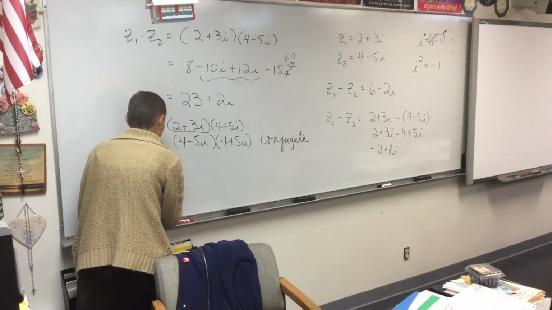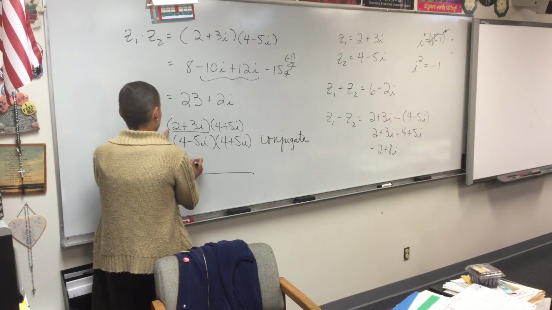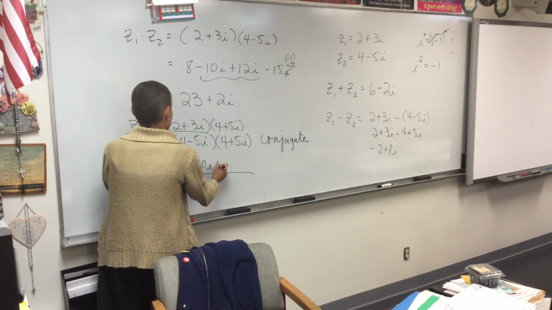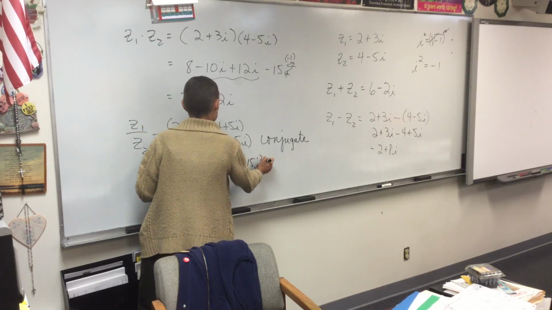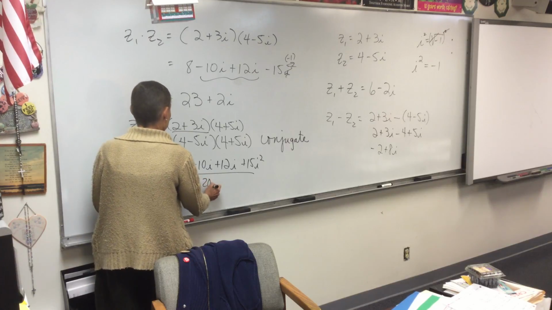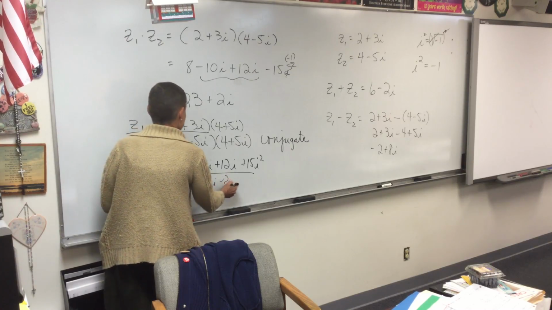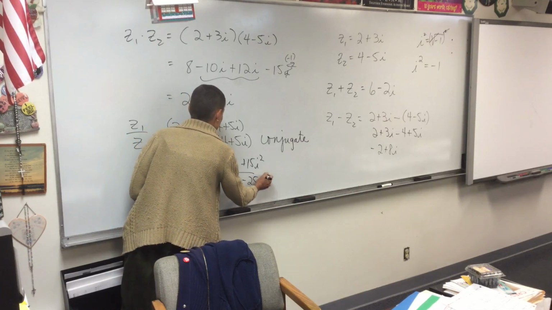So here we go. Big foil, lots of foil on top. First, outsides, insides, last. On the bottom, first, and then here's what Brenton was talking about. There's my outsides, there's my insides, and last.